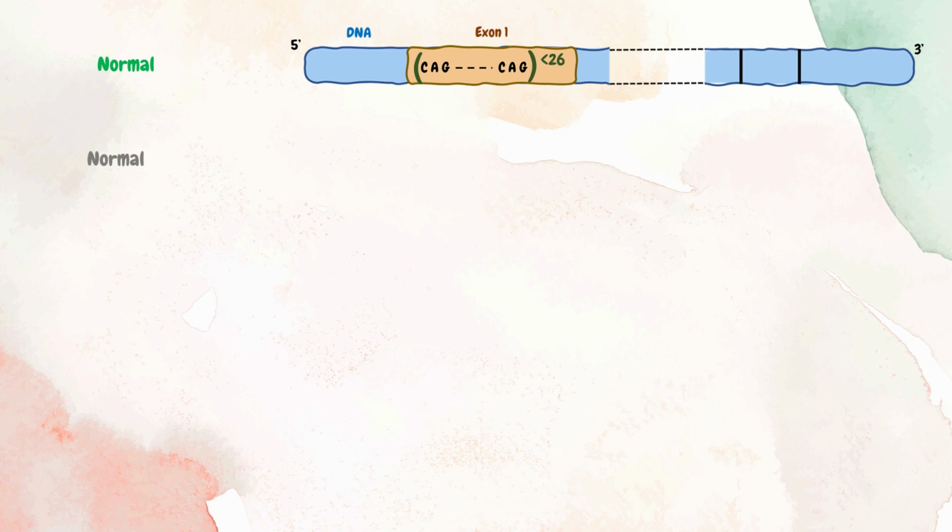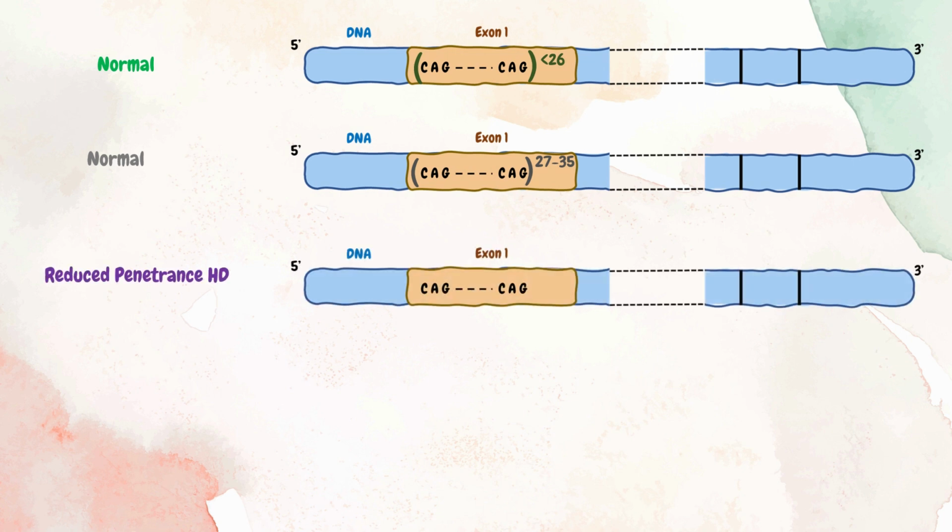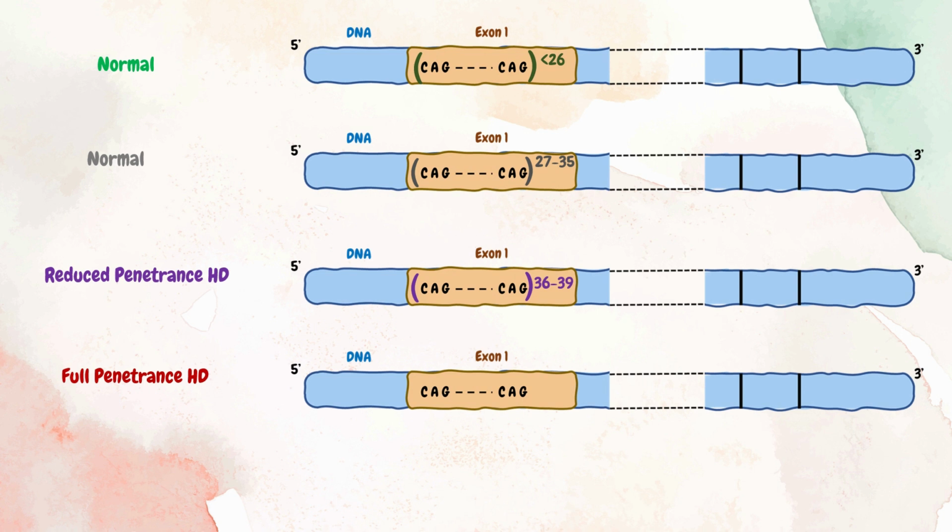If the number of CAG repeats is between 27 and 35, the phenotype is normal, but this is a premutation, unstable in paternal meiosis, with reduced penetrance. If the number of CAG repeats is 36 to 39, its features include late onset or non-penetrance, and Huntington disease.